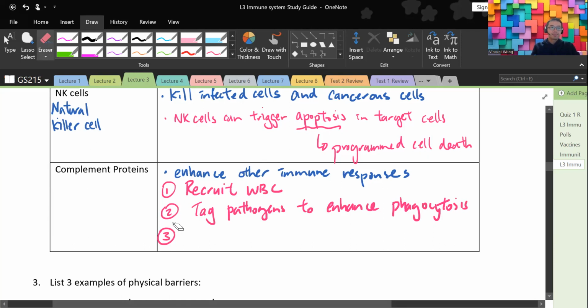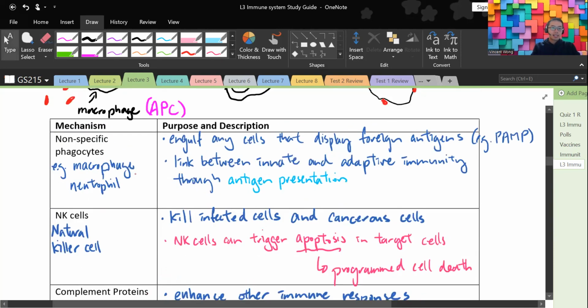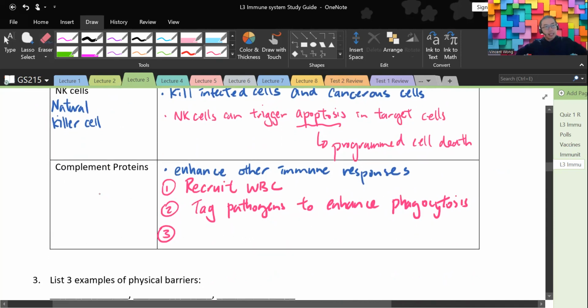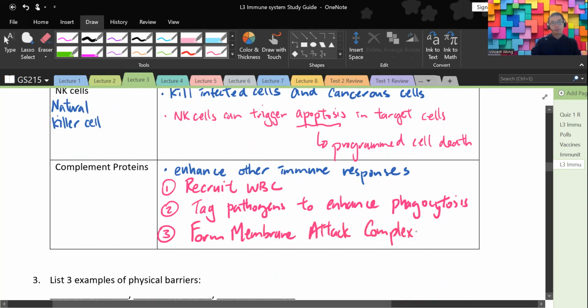And the last one, what's the last one? Well, fever is another mechanism that we talked about, but not specifically related to complement. Membrane attack complexes. That's right. They could form membrane attack complexes. Okay, let's just spell it out. Membrane attack complexes, or MACs.